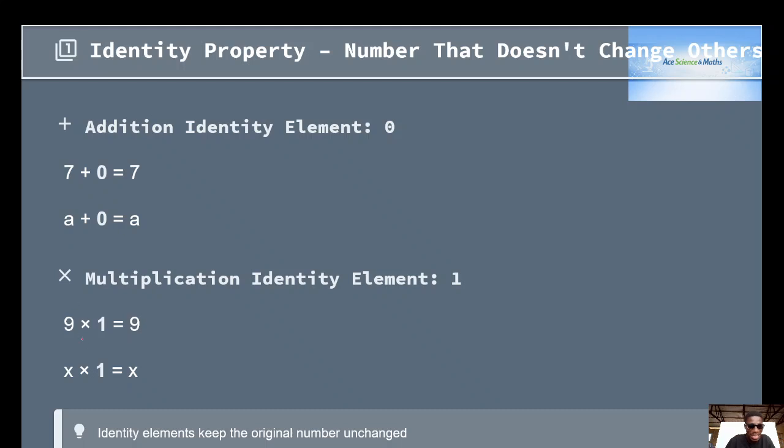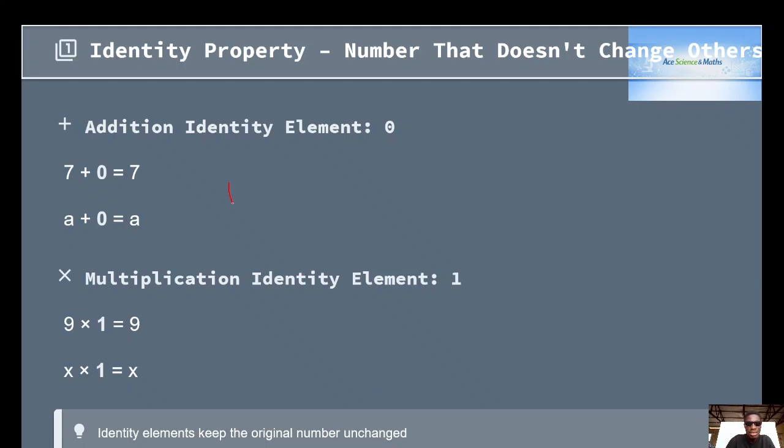And when you multiply 1 by any variable, it doesn't change the variable. So in identity property, we say the identity element keeps the original number unchanged. The original number does not change no matter what you do.